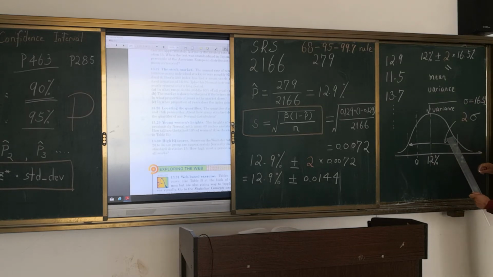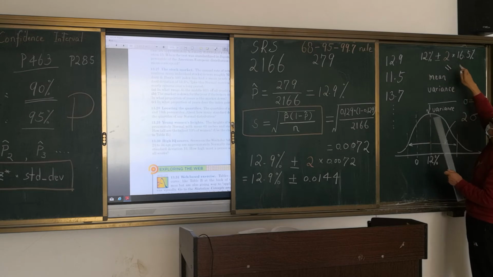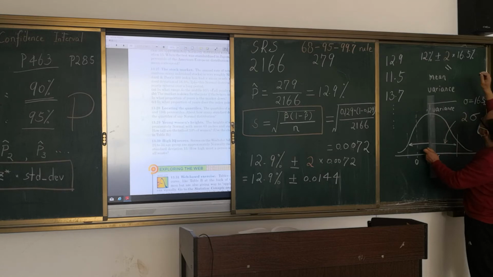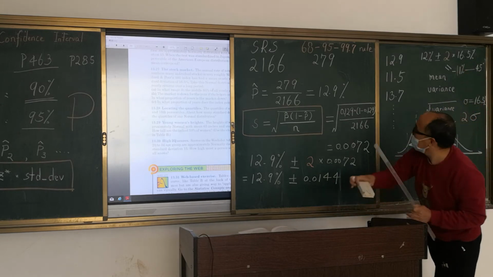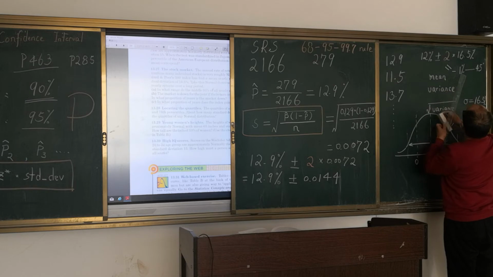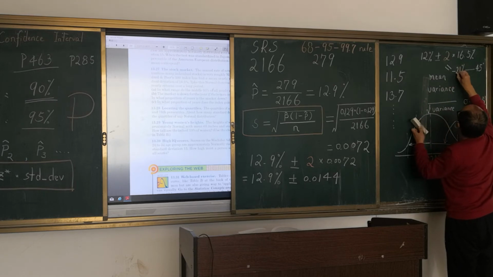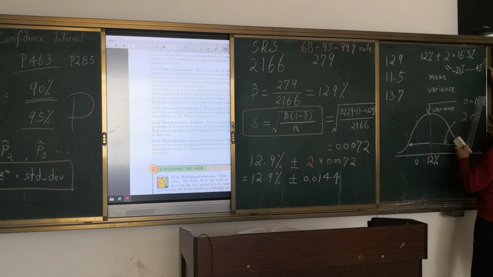Can you speak? 12 minus 33, so minus 21% to 45%.